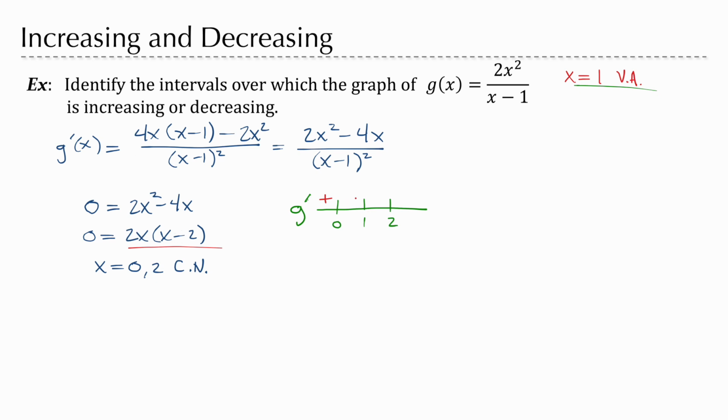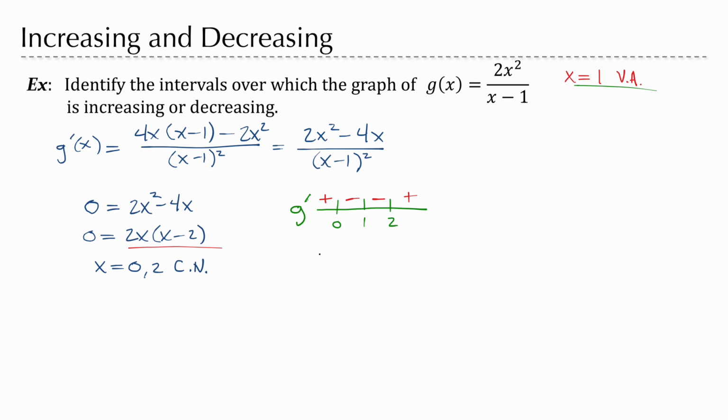So positive times negative gives me a negative. And then if I choose, for instance, 1.5, this is still positive here, but this is still going to remain negative. So we still have another interval where we have a negative derivative. So the graph is decreasing there. And I'm just going to choose 3 here on the other side of 2, and plugging 3 into both of these produces a positive. And of course, if you have positive times positive, we get positive.